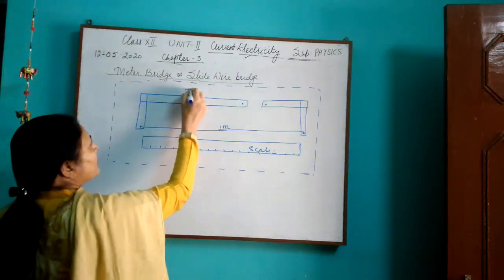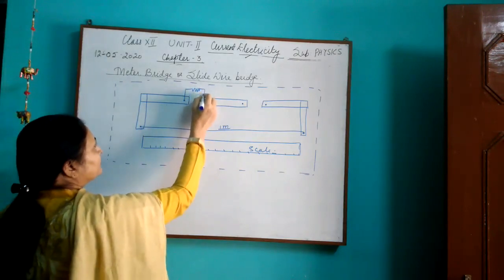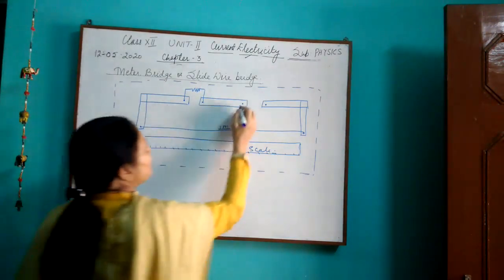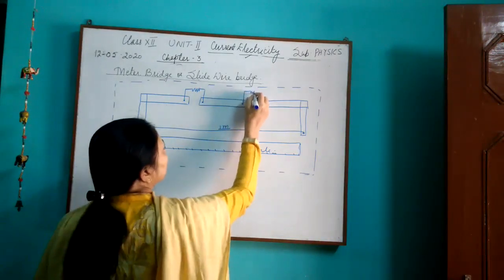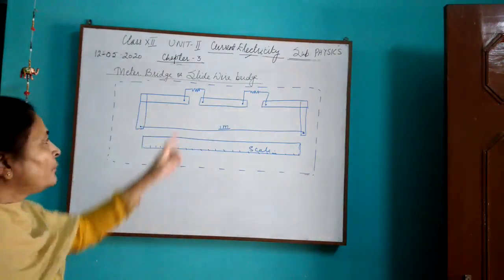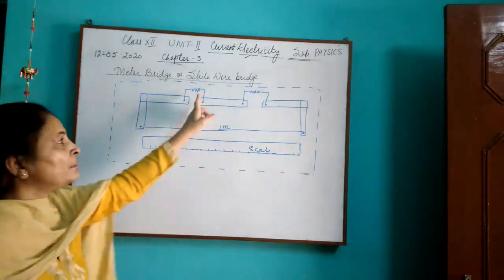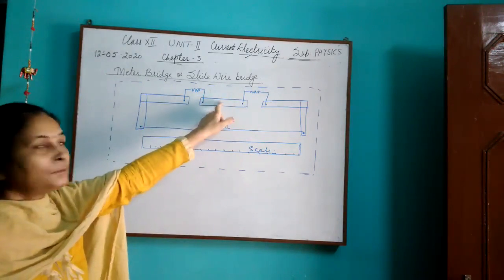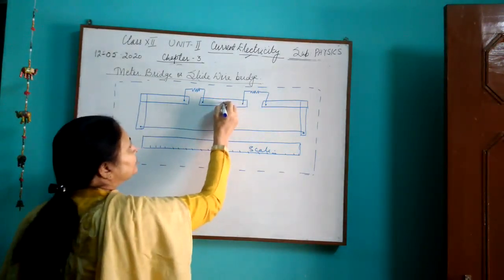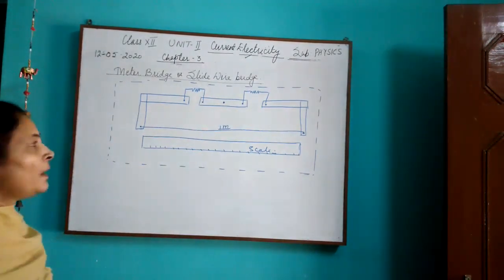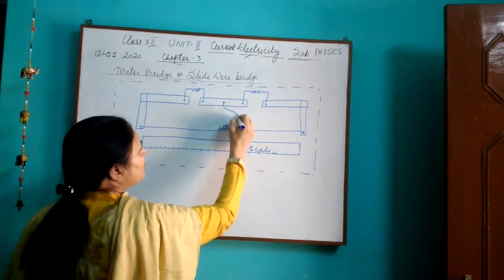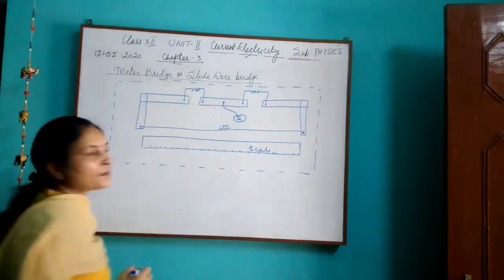One arm is this, one resistance. Another arm is this. So if there are these two arms, then the middle arm shall move from the middle point here, and from this middle point a galvanometer is to be attached.